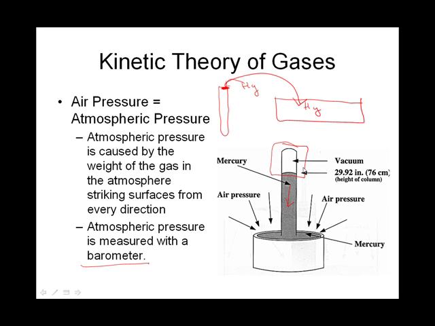As he flipped it, no air particles were able to get in. And so this little section of the barometer is what we call a vacuum, and many of you guys have used this word, and it just means space without particles.